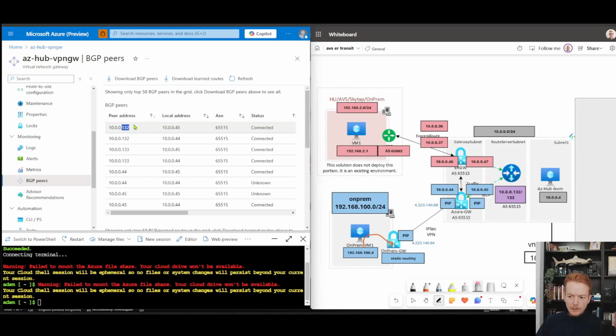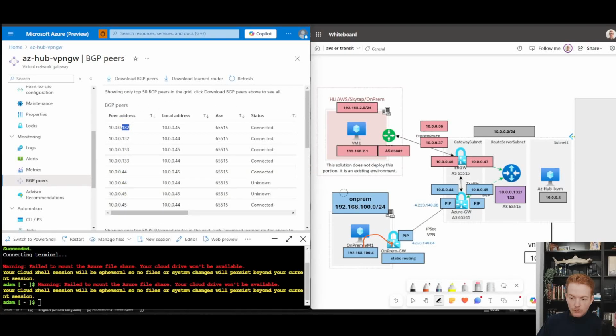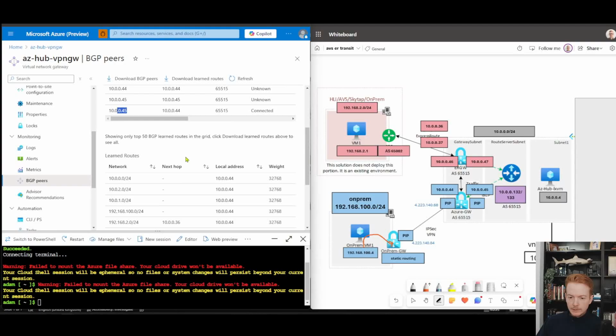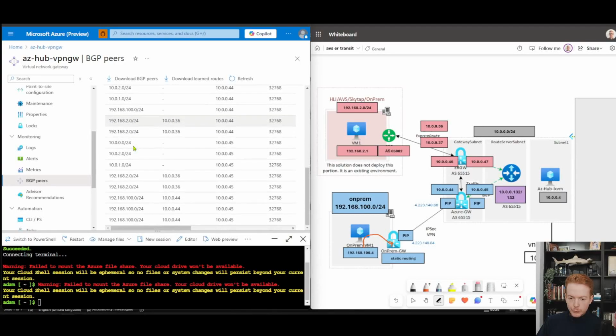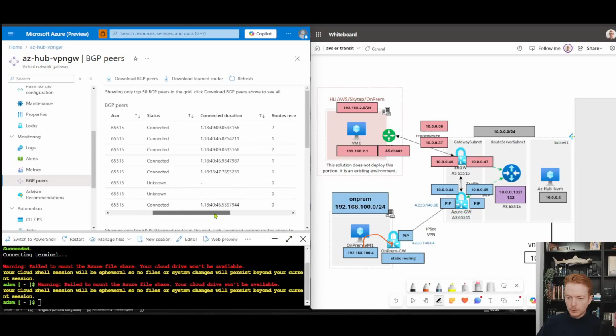We're just working this out as we go along. Those are the peerings to the route server. And you can also see that the gateways themselves are connected by iBGP. So there's connections there. We can also see some of the learned routes, but we'll look at that shortly.